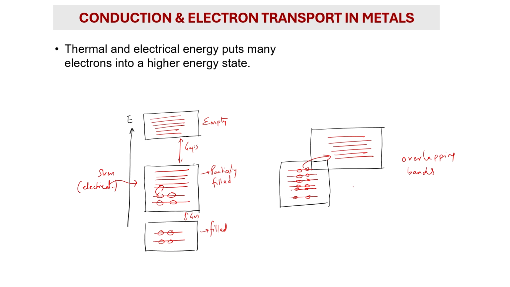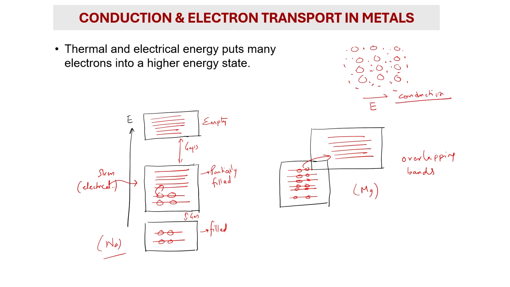This is the case, for example, in magnesium, and in sodium. So, when you have these atoms in a material and you have the sea of electrons around them, you apply an electric field and your current will start flowing in that direction. That will give rise to conduction of carriers, because they can easily conduct through the states that are available.